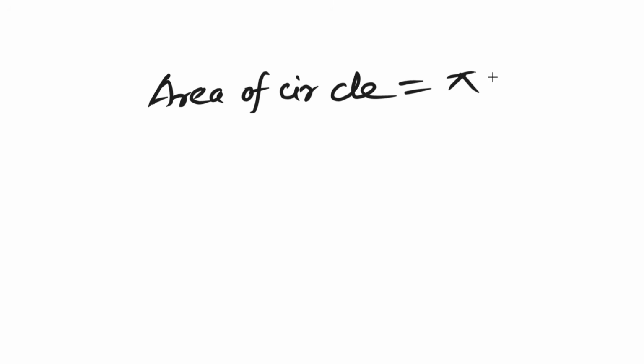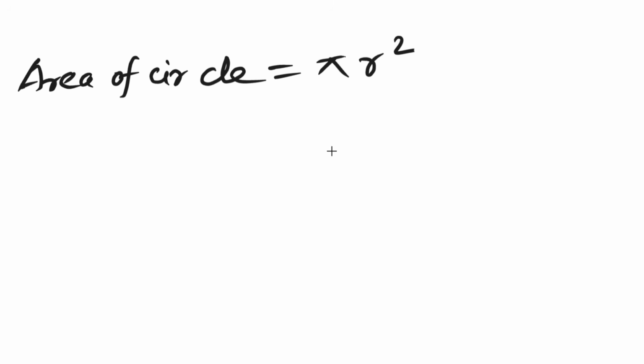We want the area of the circle, and the standard formula for the area of a circle is pi multiplied by the radius squared. In spoken form, we can say area equals pi times r squared. We already know that r squared equals 129, so there's no need to find the square root of 129.